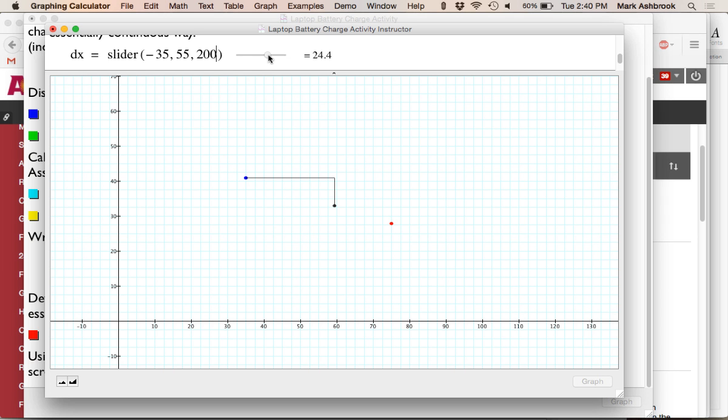Okay, so here's the last little part, that's the challenge. I want you to use dx and m. Use dx and m to create this animation.